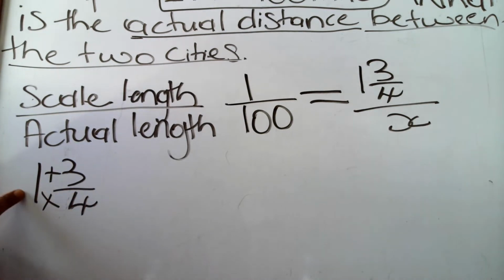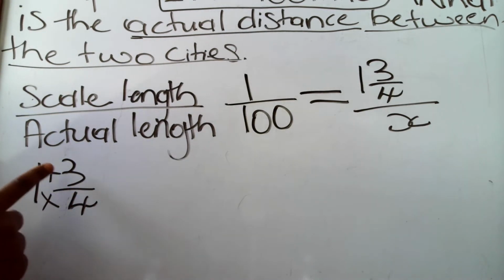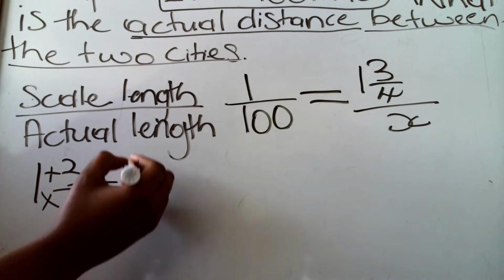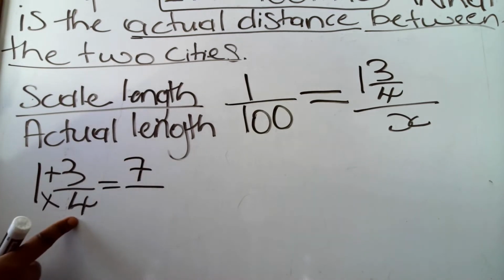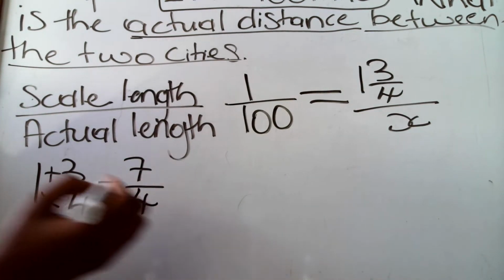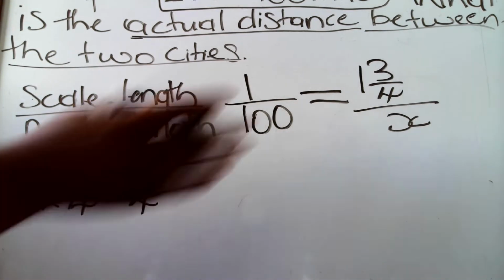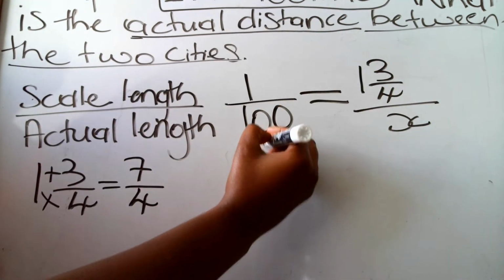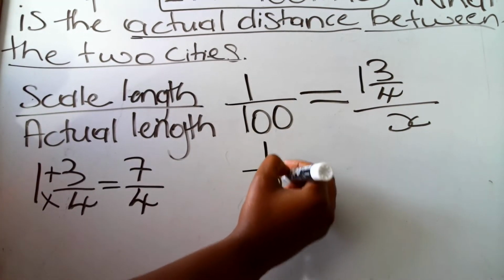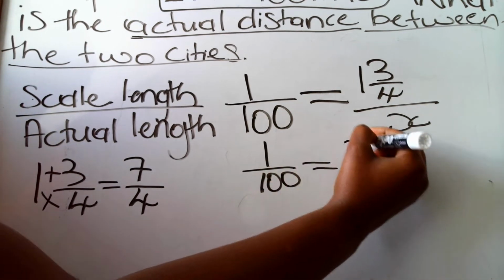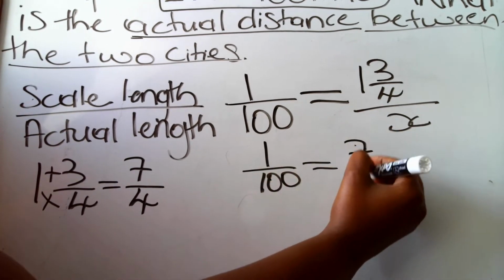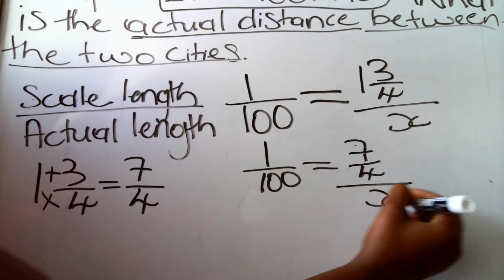So 4 times 1 will give us 4, plus 3, that's going to give me 7. And we use the same denominator, so that's 7/4. So we can rewrite this. That's going to be 1/100 is equal to 7/4 all over x.